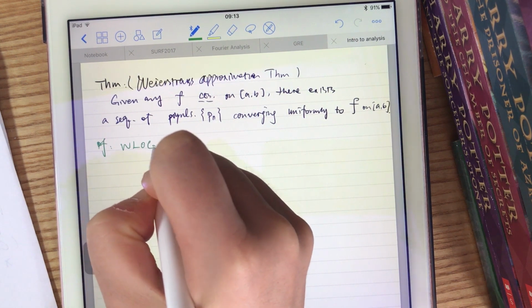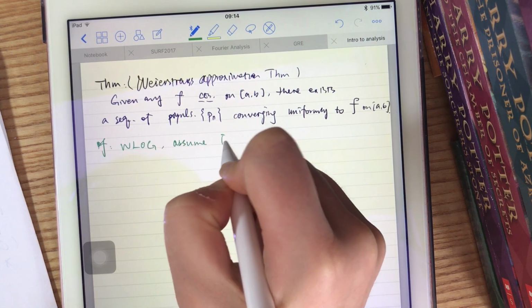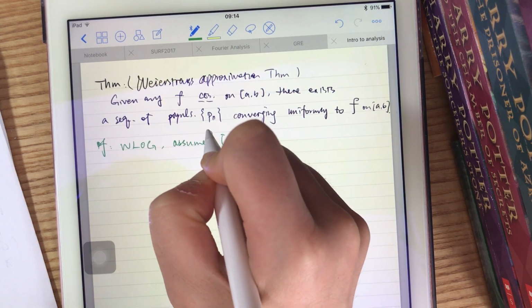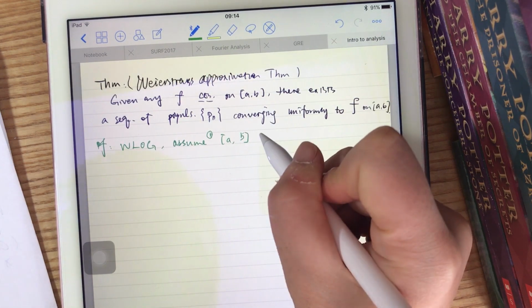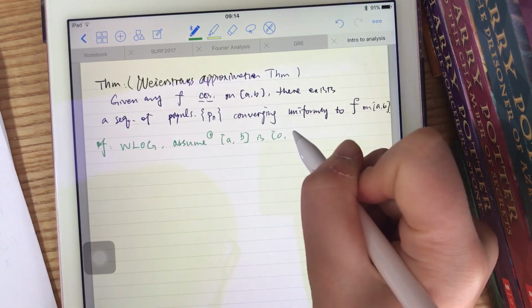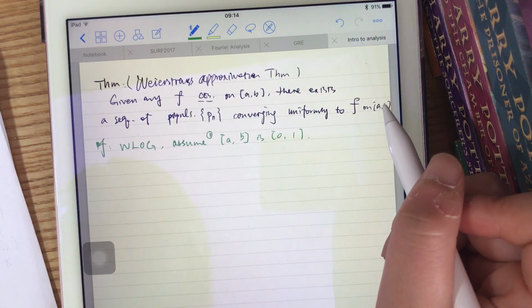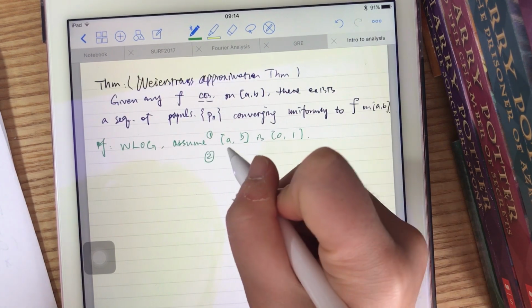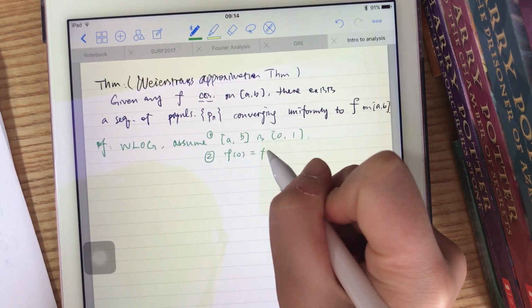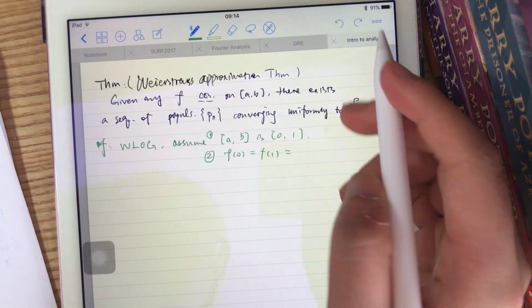Without loss of generality, we assume two things. First, [a,b] is [0,1]. You can distort the domain of the function to make it satisfy this, and f(0) equals f(1) equals 0.